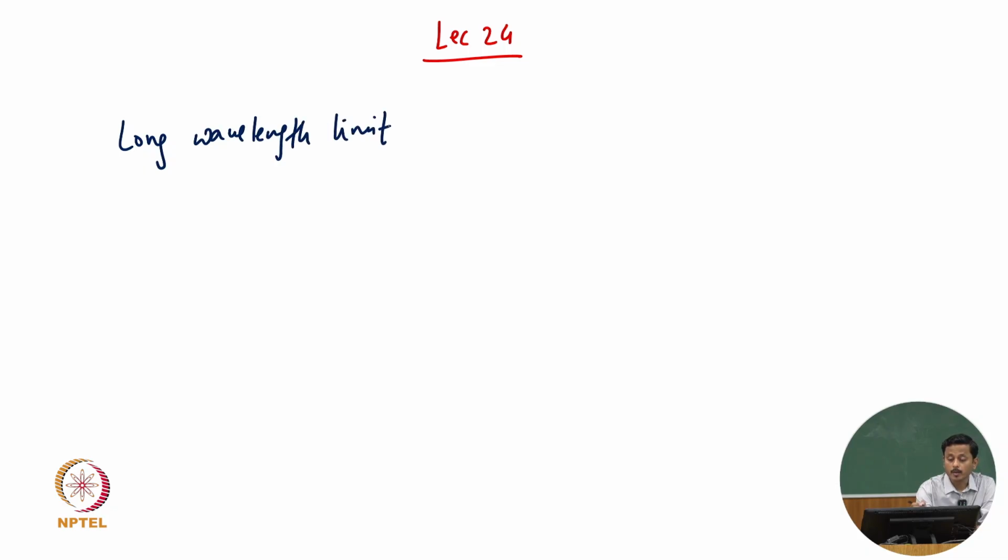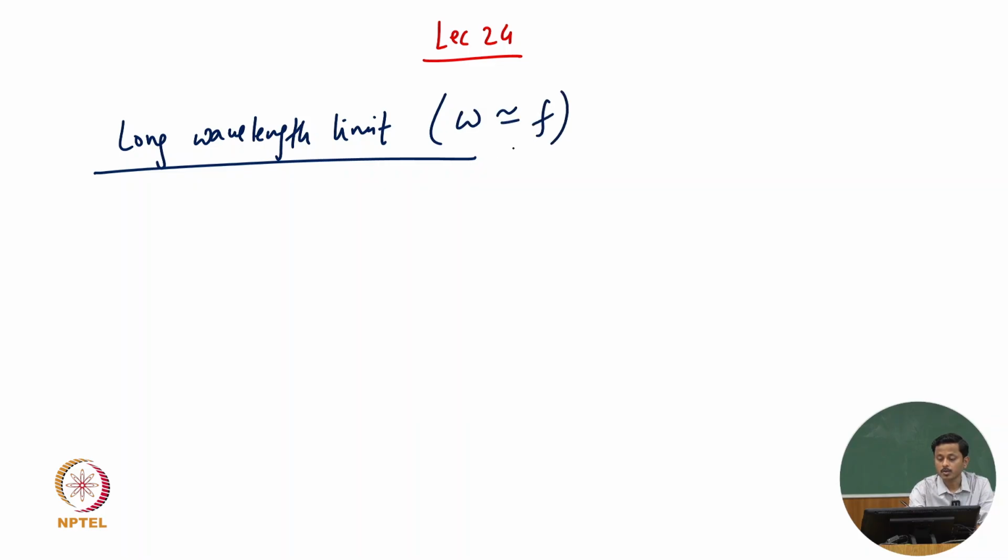So the long wavelength limit is equivalent to the limit where omega is approximately equal to the Coriolis parameter. So we look at wavelengths much longer than the Rossby radius of deformation.